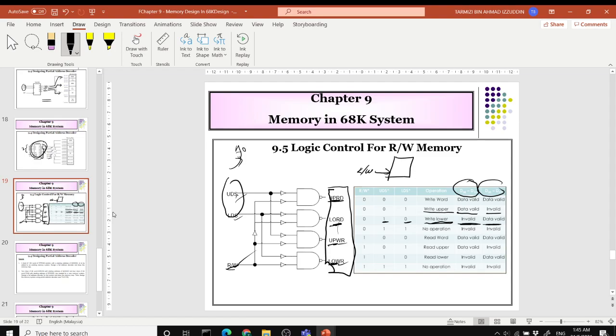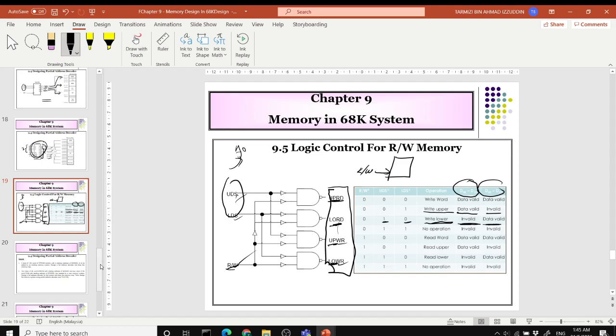You can just figure it out from this truth table. There's nothing fancy over here. It's just how the logic control for read and write memory is performed in 68K.